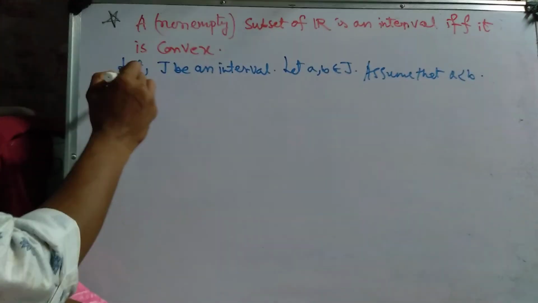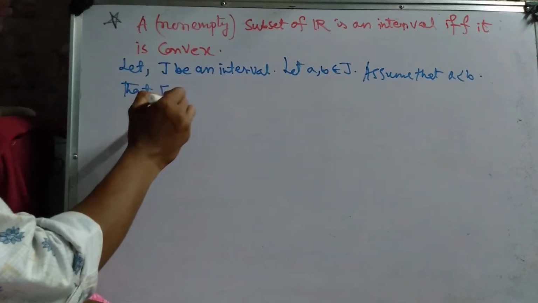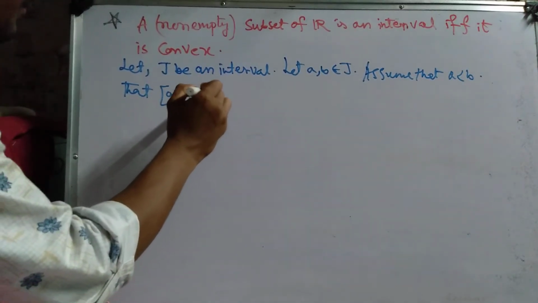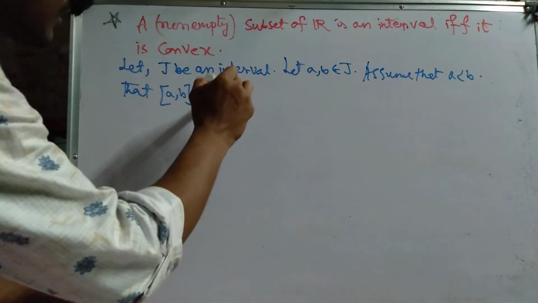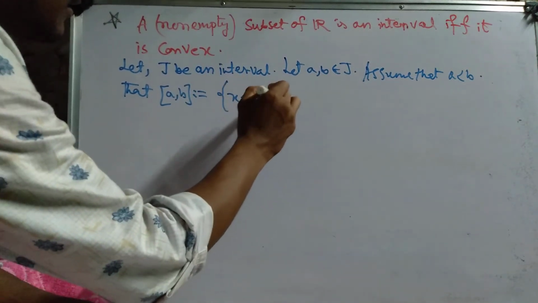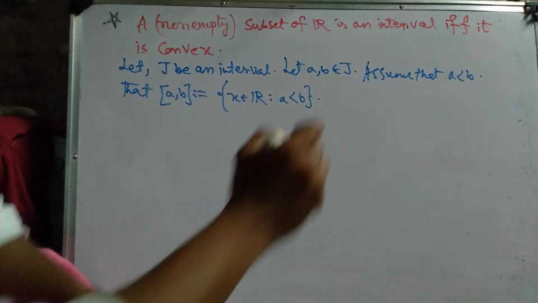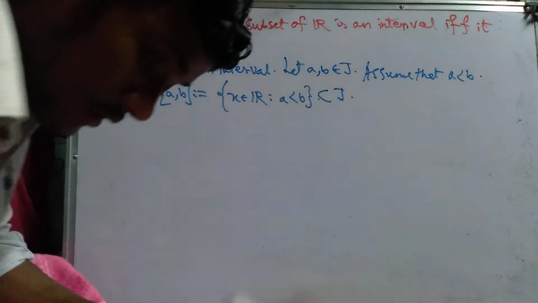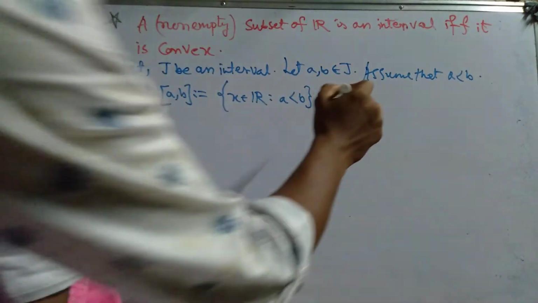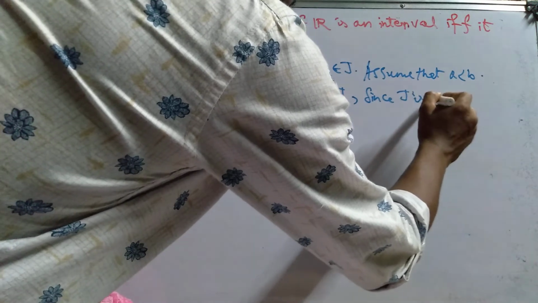So then the closed interval [a, b], equal to the set of x belonging to R such that a is less than or equal to x, less than or equal to b, is a subset of J, since J is an interval.